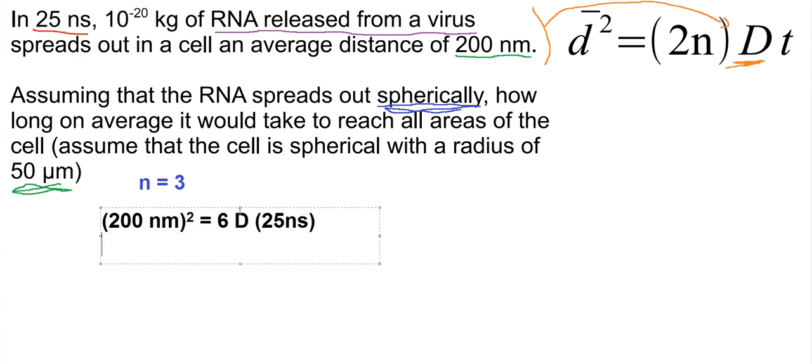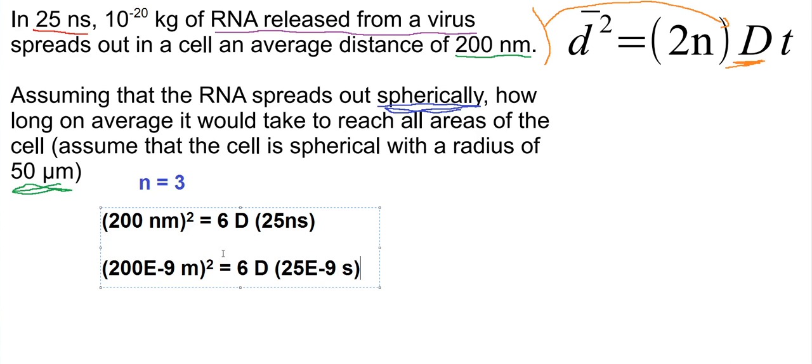Like so. Now, one thing that I'm going to do here is we are going to convert everything to meters. This is going to help us deal with things later on. So a nanometer is just 10 to the negative 9. So this is 10 to the negative 9 meters, and our nanosecond is just 10 to the negative 9 seconds.